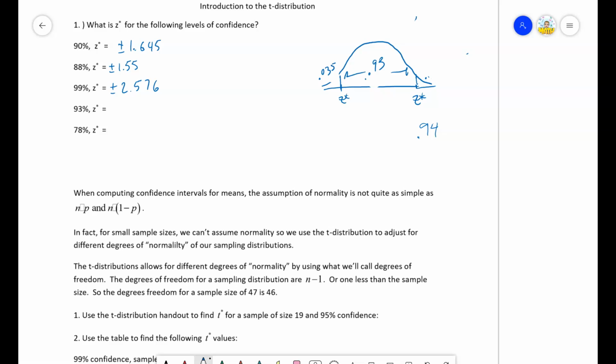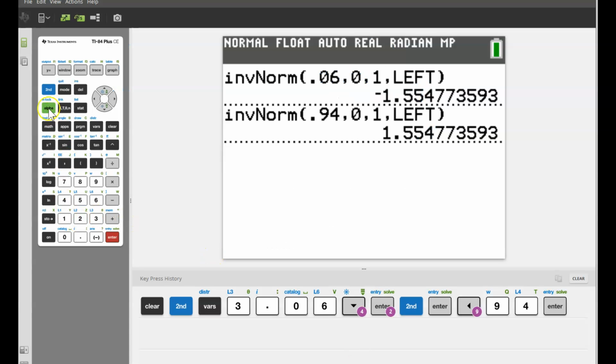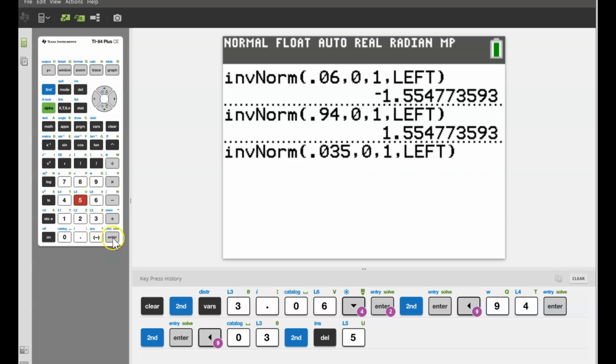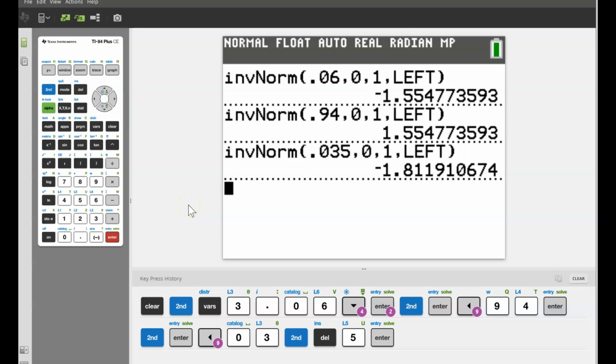And it's just a plus or minus situation anyway. So second vars, I'm just going to come over here and put in 0.035. And negative 1.81. So we'll do plus or minus.